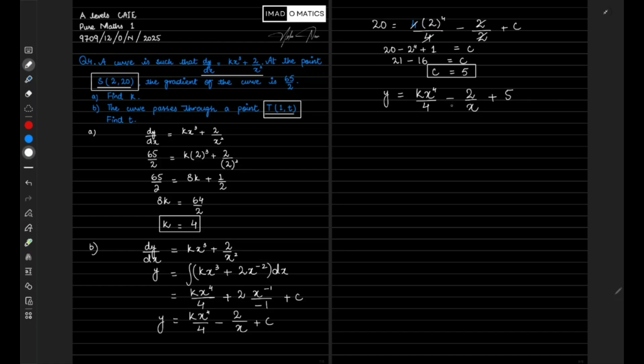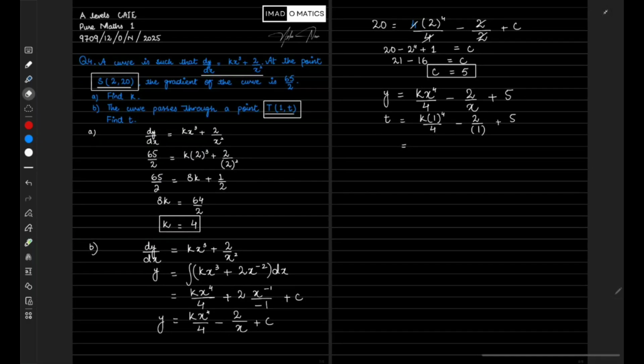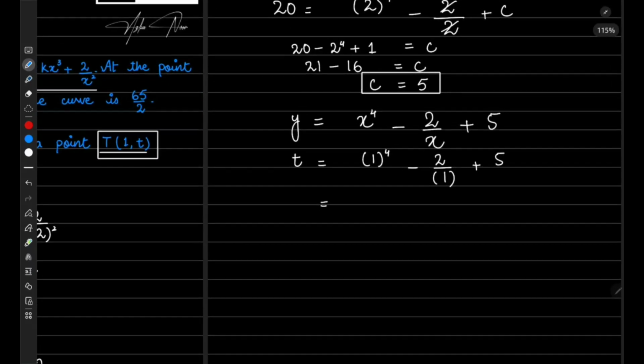So let's substitute these to find t. Sorry, I was not substituting k here. k is 4, so your equation turns out to be x to the power 4 minus 2 over x plus 5. So t equals 1 to the power 4 minus 2 over 1 plus 5.